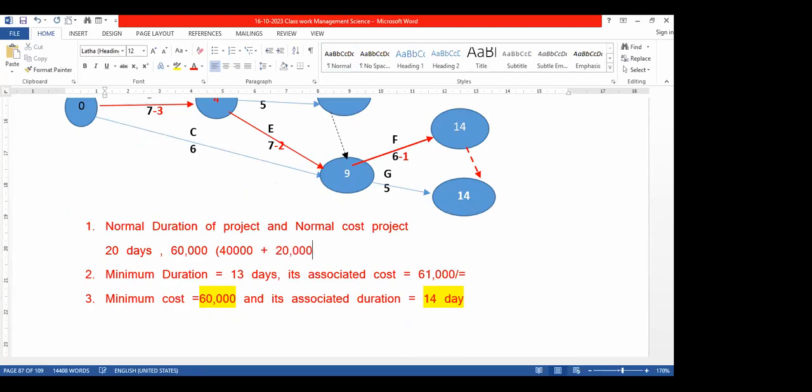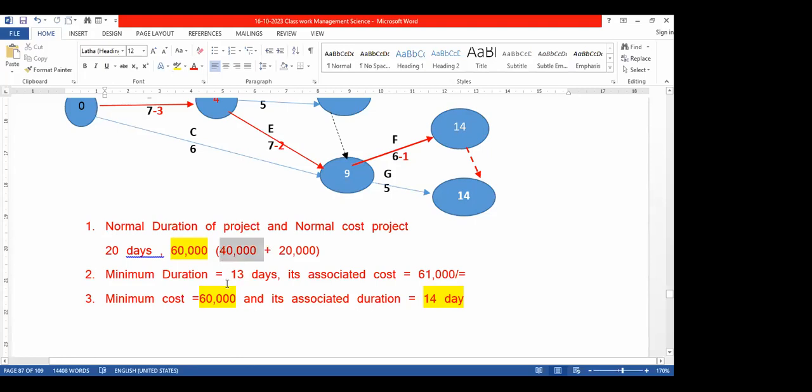Indirect cost means site cost or fixed cost. Direct cost means the activity cost totals. Altogether, we get 60,000. So the normal duration is 20 days, and the normal cost is 60,000. You have to understand that within this normal cost there are two components, 40,000 plus 20,000.